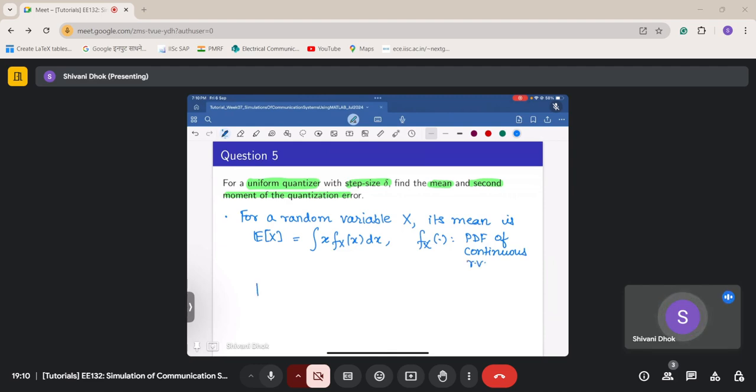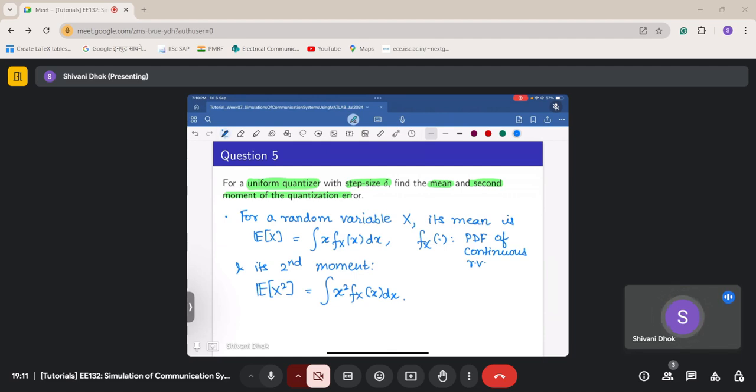Here let's consider a continuous distribution. And its second moment, the expectation of x squared, is equal to the integral of x squared times fx of x dx.